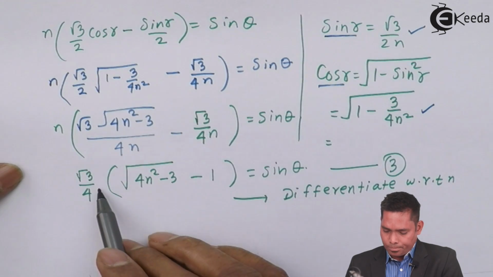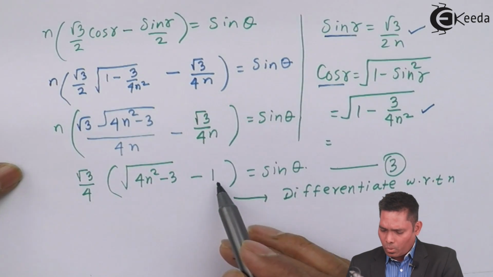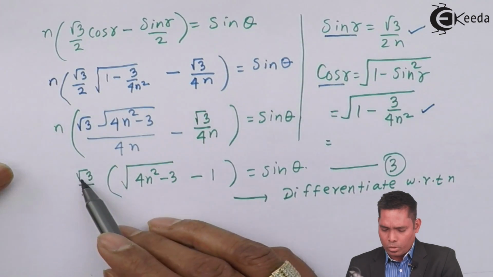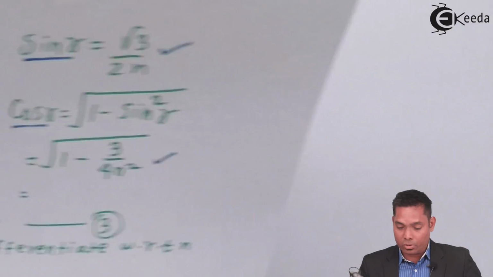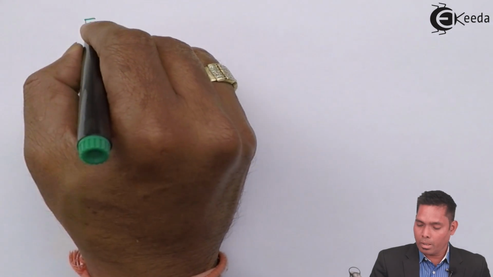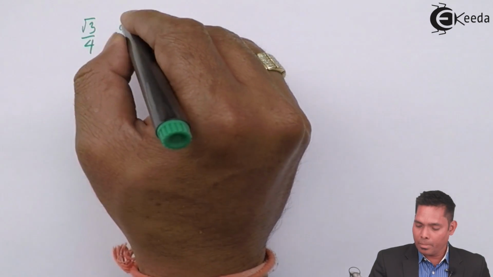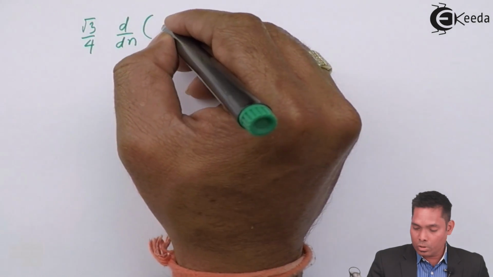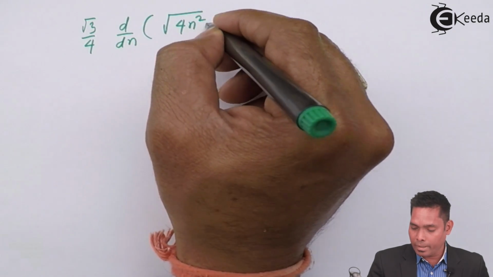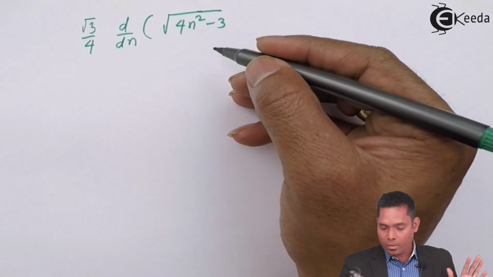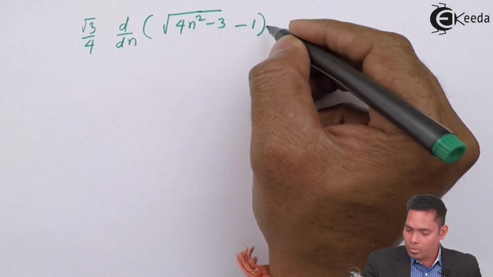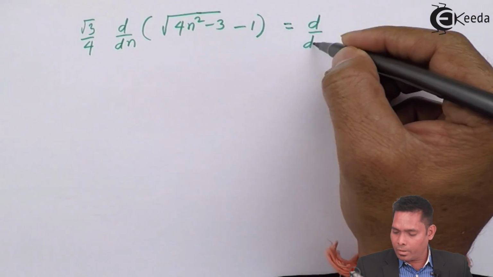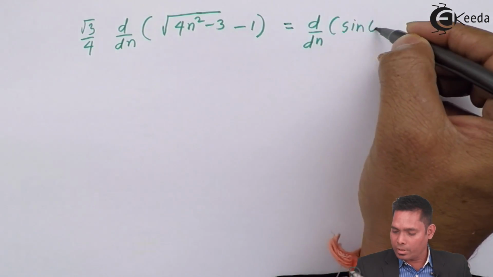This part will be 0, so only differentiation of this, and this is multiplied, so it is root 3 by 4 times d by dn of root of 4n square minus 3, minus 1. This is d by dn of sine of theta on this side.